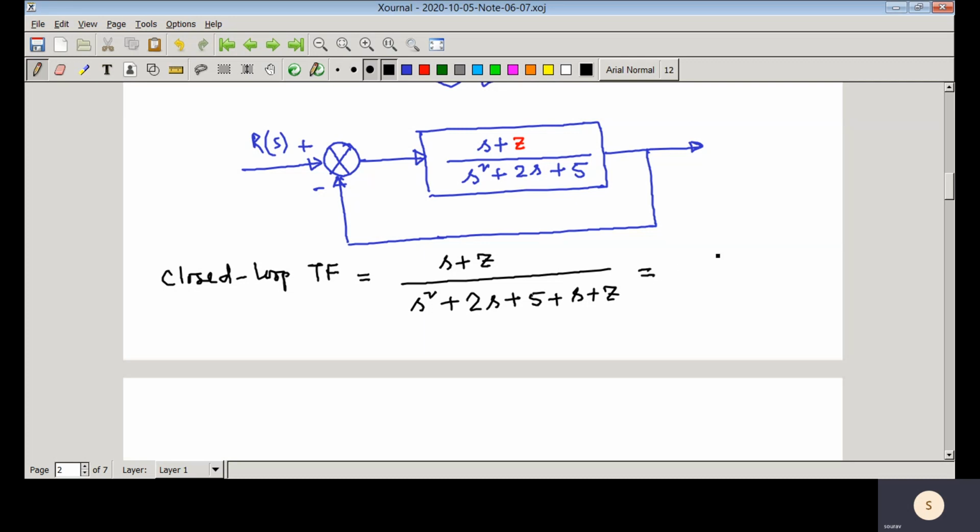Now if we divide the numerator and denominator by s square plus 2s plus s, that is 3s, plus 5, then we have 1 plus z divided by s square plus 3s plus 5.